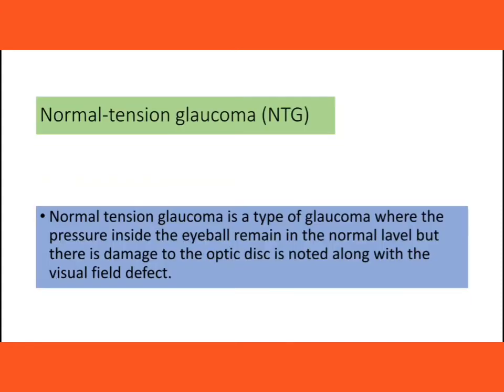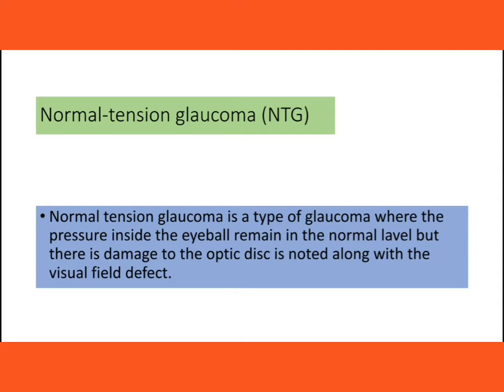Another type of glaucoma that I was discussing at the beginning of the presentation is normal tension glaucoma. The actual reason for normal tension glaucoma is still unknown, and research is going on, but it is estimated that it can be due to abnormality in the lamina cribrosa, like overthinning of the lamina cribrosa, or hypertension, or decreased intracranial pressure.